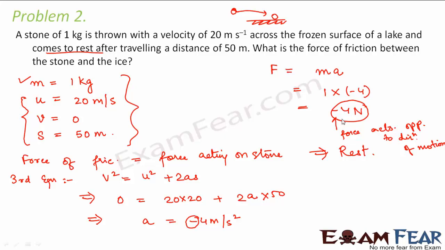Right? So that means this is a resistive force, the force which is trying to oppose its motion. So this much is the frictional force between the stone and the ice. Since this force is acting opposite to the direction of motion, that is why it is coming to stop.